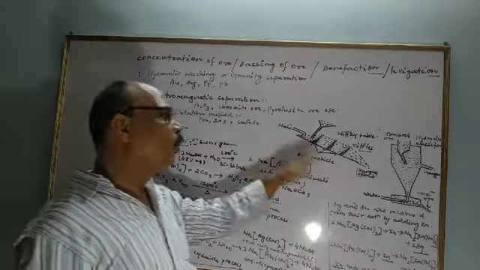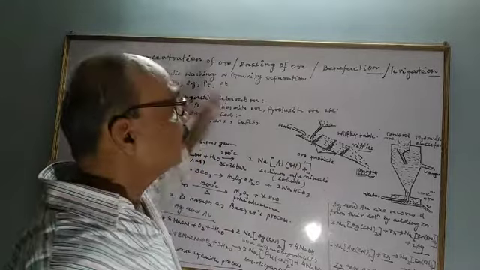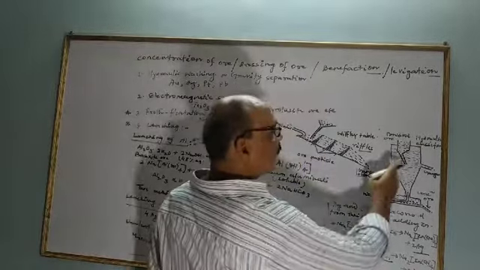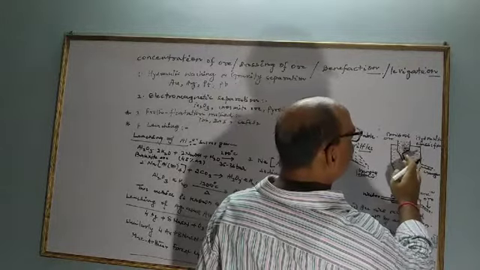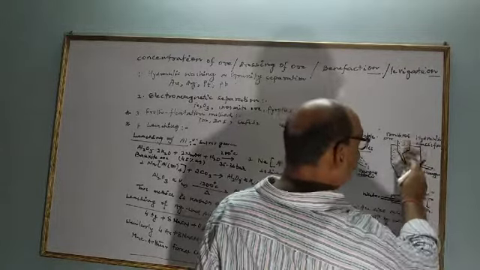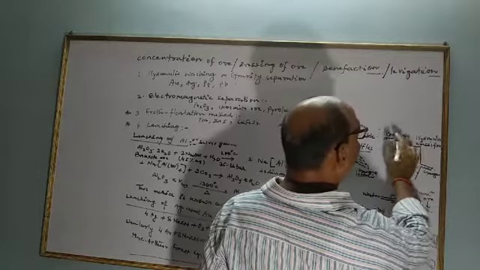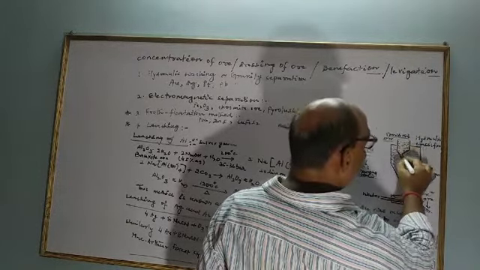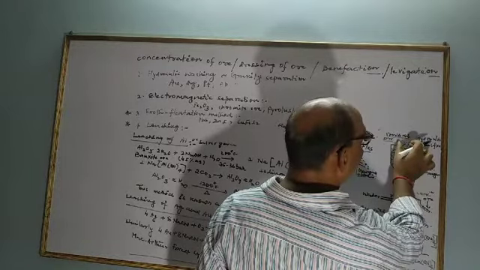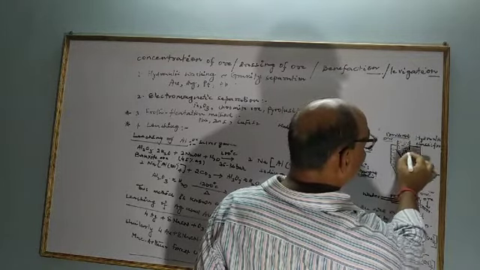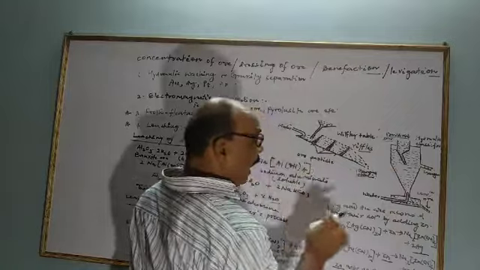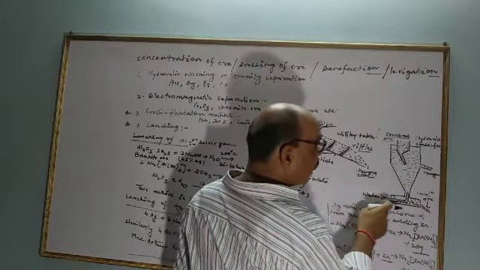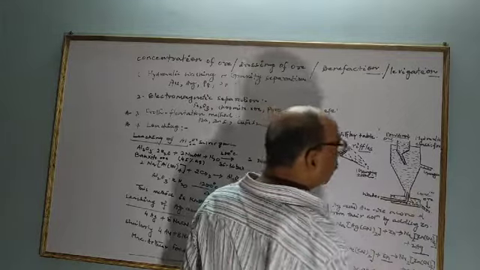Or we can do the gravity separation in the hydraulic classifier. See here, it has a big tank in which there is an arrangement for feeding the finely powdered ore. This is powdered ore which is added into this tank through this device, and in this tank there is a water connection fitted at the bottom.